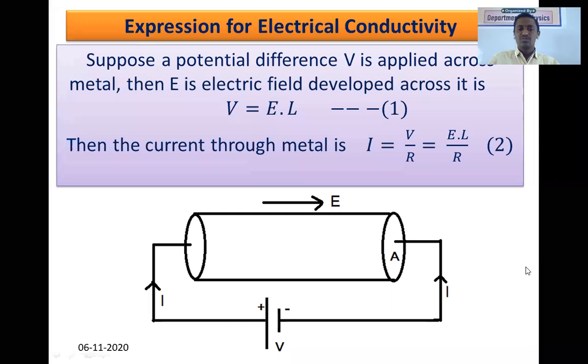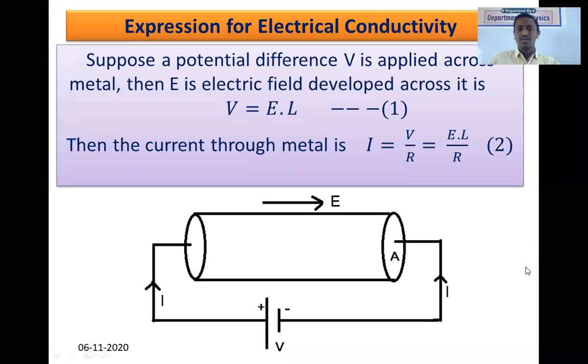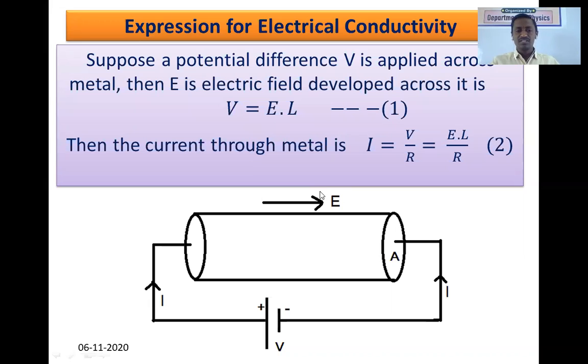From Ohm's law we can write V equal to I into R. Therefore the current through the metal, I equal to V upon R. Put the value of V from equation number 1, which is E into L. So the equation becomes I equal to E into L upon R. That is our equation number 2.